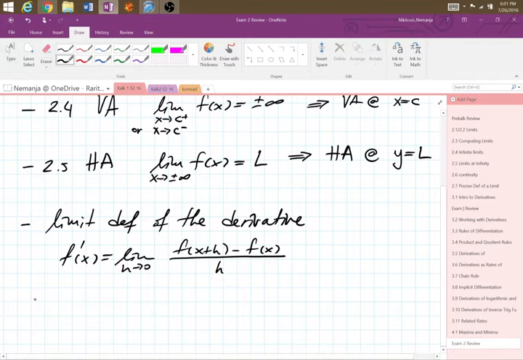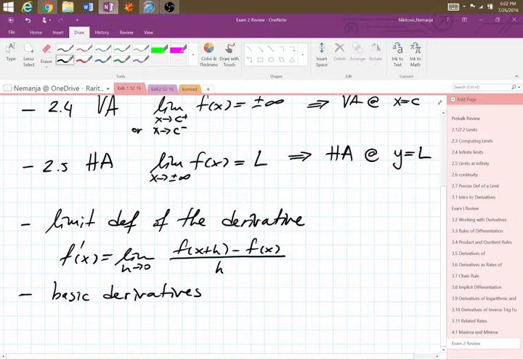So that's one question. And then we have basic derivatives. So probably a question with all of these: what's the derivative of x squared, what's the derivative of cosine x, what's the derivative of inverse tangent x.